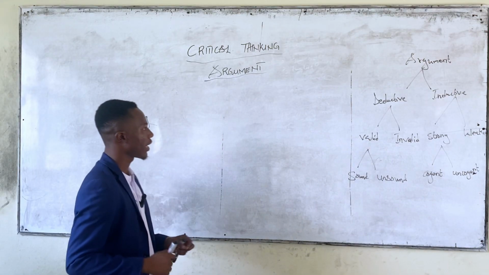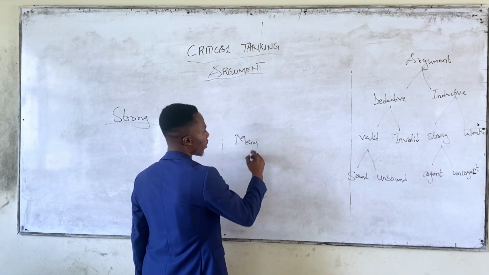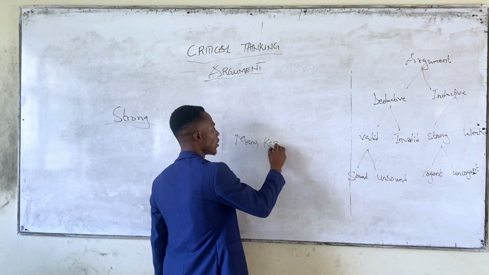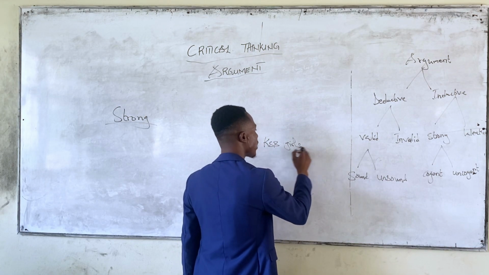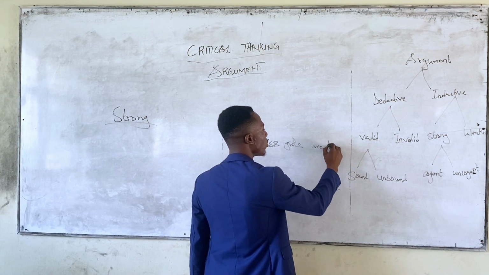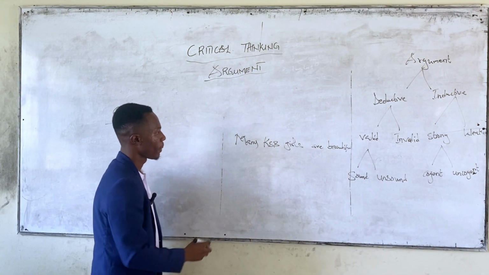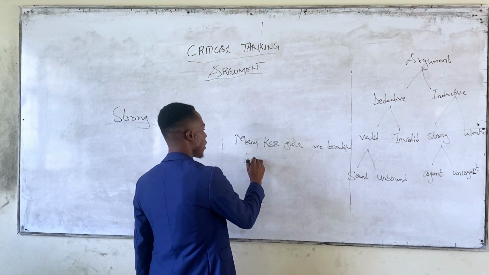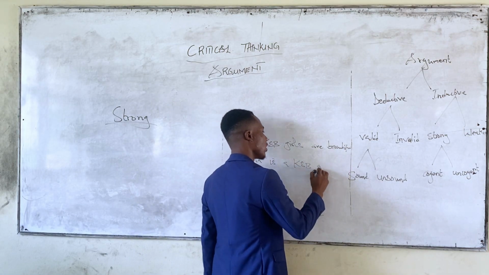So if you see an argument like: many KSB girls are beautiful. Amma is a KSB girl.